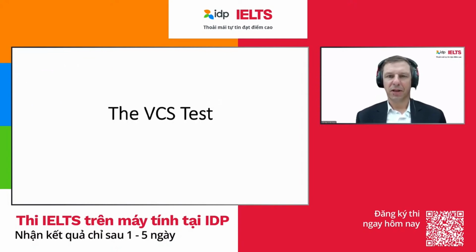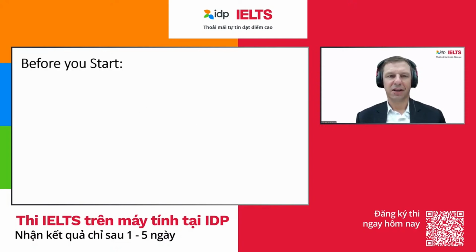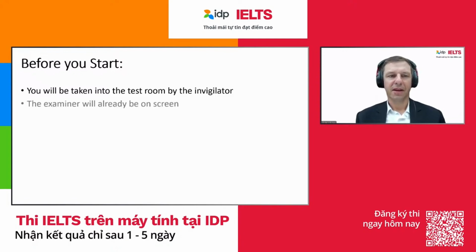Okay, let's talk a little bit about the VCS test now, the video call speaking test. So before you start, you'll be taken into the test room by the test invigilator. And the examiner will already be on screen waiting for you. You will need to put on a headset.